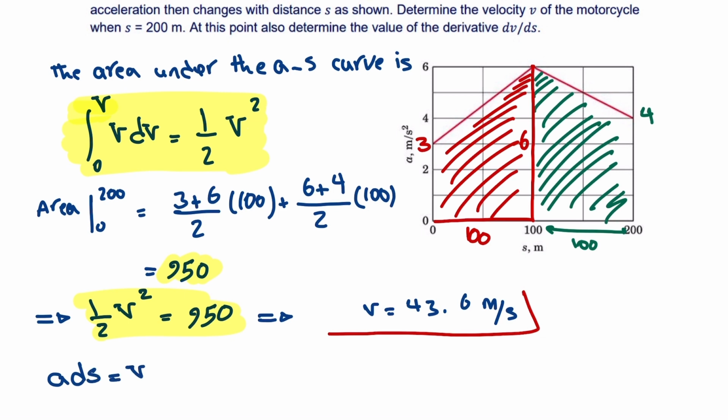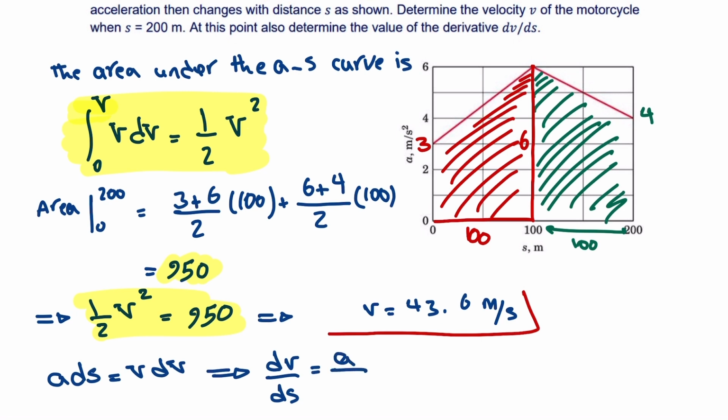So it means dv over ds is a over v. It's simple now.